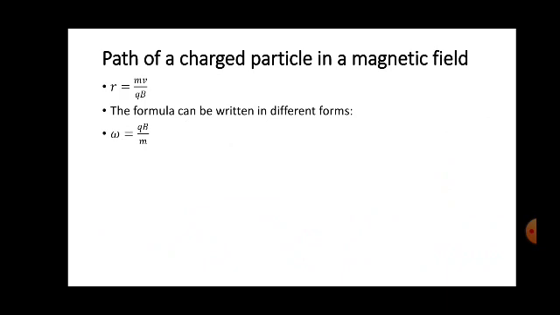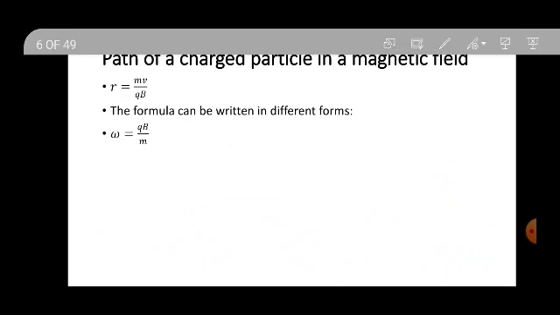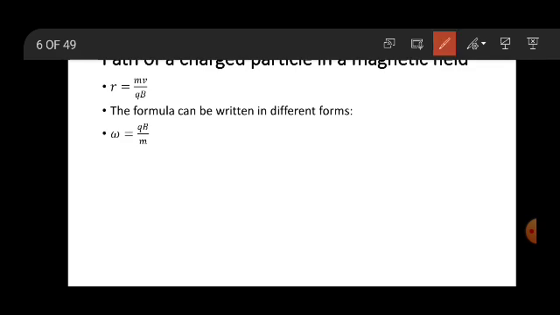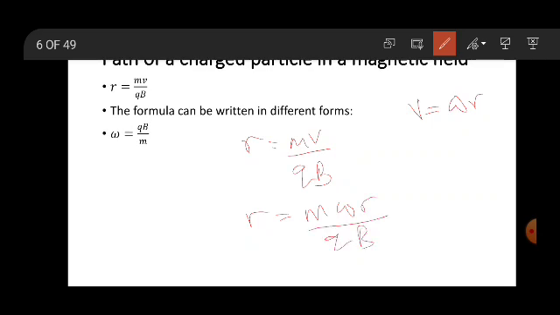Another way the formula can be written is that omega is equal to QB all over m. And why do we have that? If you say r is equal to mv over QB, under circular motion, if you remember very well, v is equal to omega r. So if we substitute that there, r will be equal to m omega r all over QB.